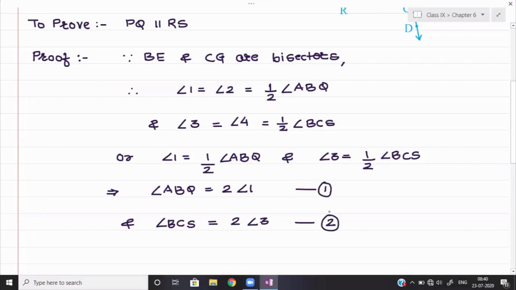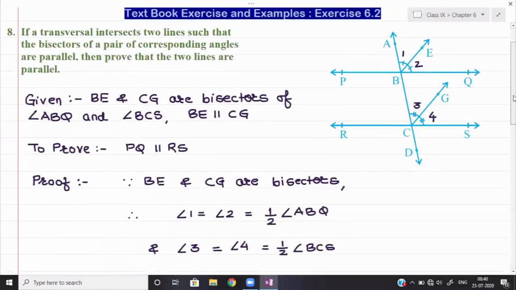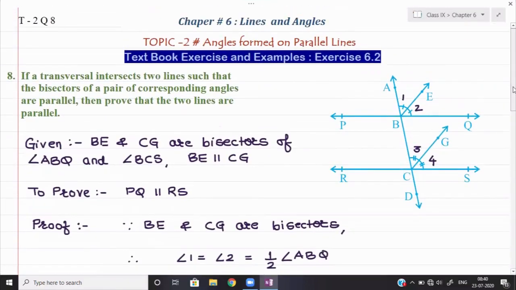So we got one relation: angle ABQ is 2 times angle 1 and BCS is 2 times angle 3. Now we shall go back to the figure and establish some relation. First of all, look very carefully.